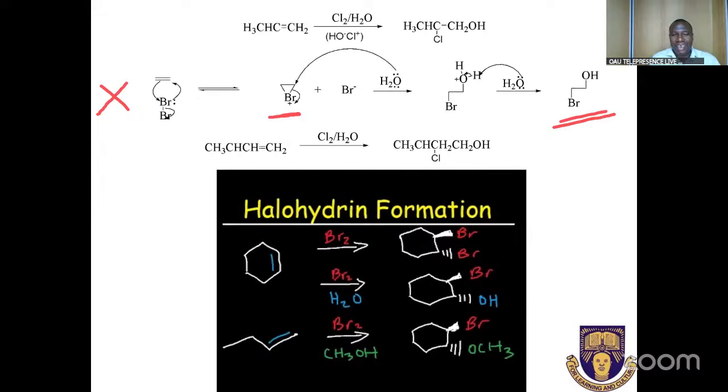In this case, it follows an anti-Markovnikov type addition. If you look at the example here, 1-butene, you end up with a case in which the Cl is on carbon 2 and the OH is on carbon 1.